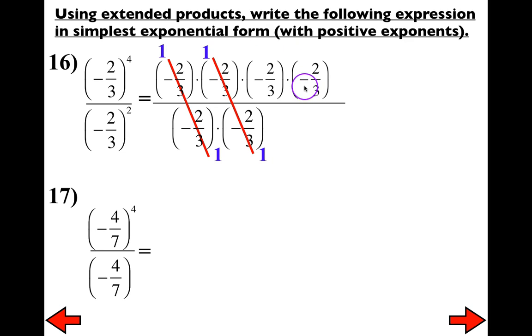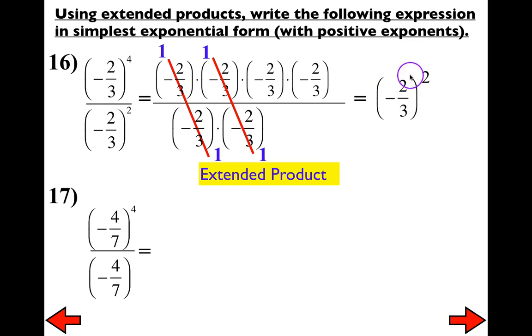And here, I'm now left with -2/3 squared. So please remember, because it's a fraction, you're going to have to use parentheses to represent that. And also, because it's negative, definitely it would require parentheses to indicate that the base is negative. But now since it doesn't say to evaluate, I'm actually done.